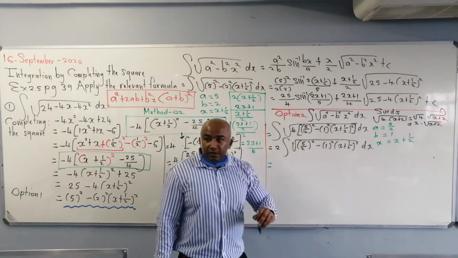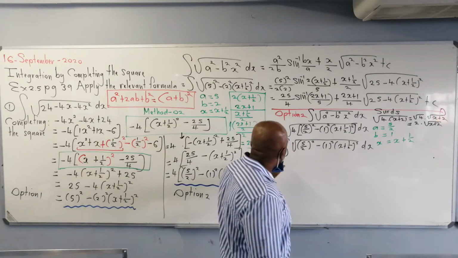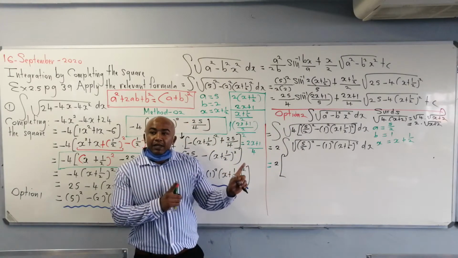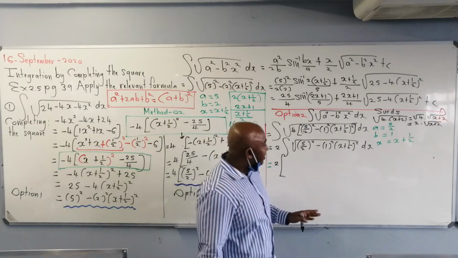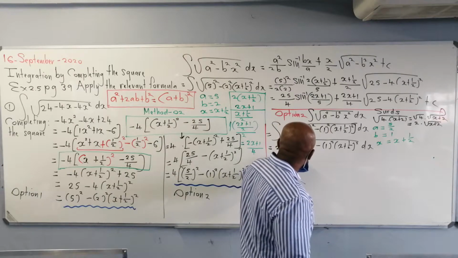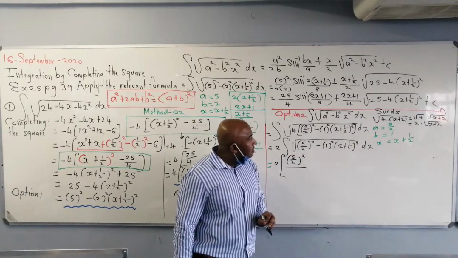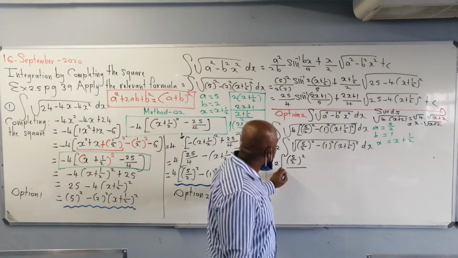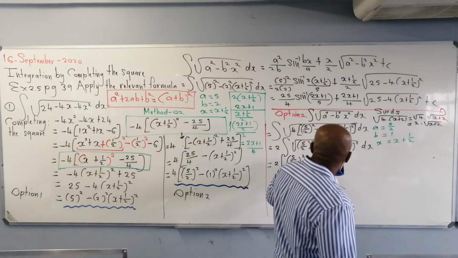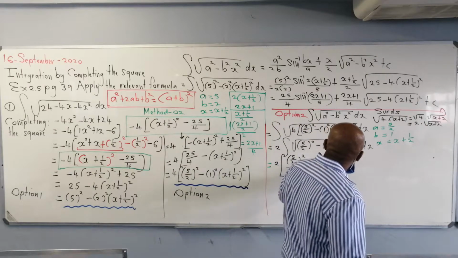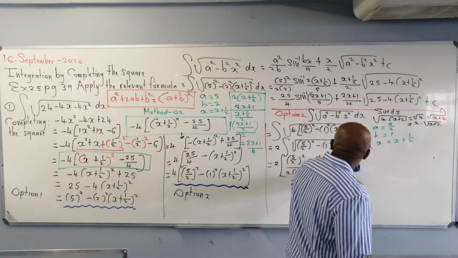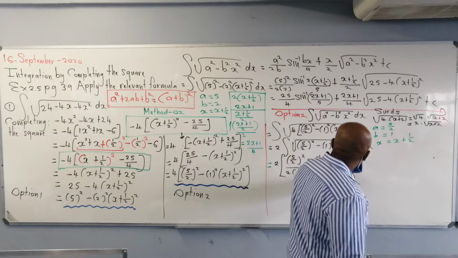So now I'm going to do the substitution. I have my 2 there, open bracket, because it's 2 being multiplied by everything there. So the formula is a squared, so that's going to be 5 over 2 squared, divided by 2b, so that's 2 times 1. And then I have inverse sine of bx over a, so that's 1 times x plus half all over 5 over 2.